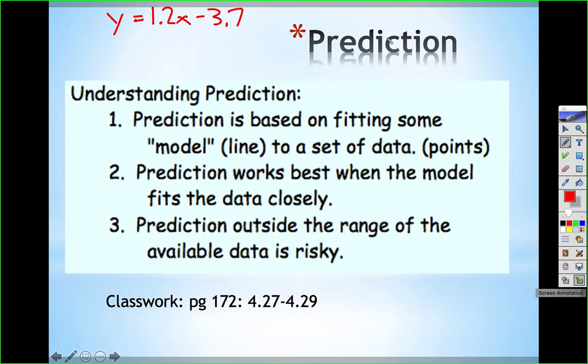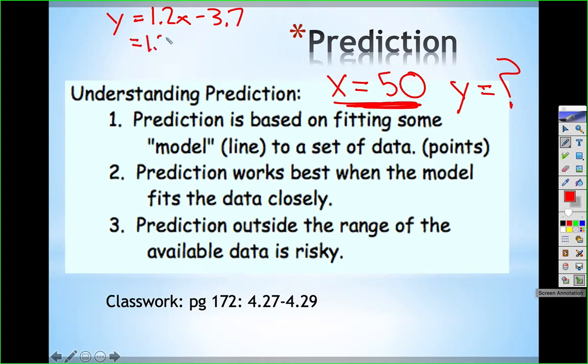That was our x. Let's say x was equal to 50, and you wanted to predict what y would be. That is the purpose of the line of best fit, because you take 1.2, you put in 50, and you subtract 3.7 from it.